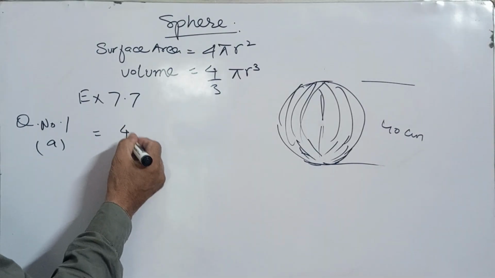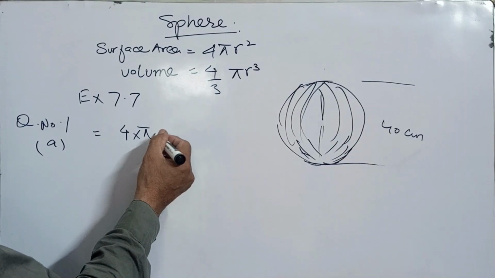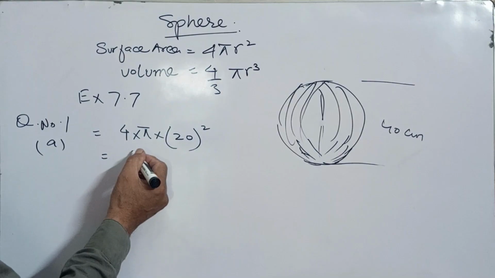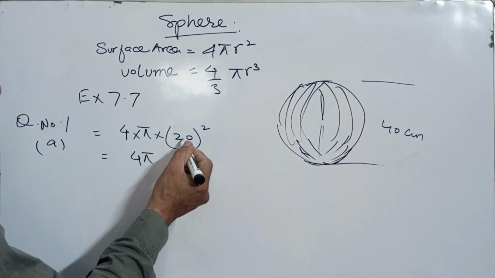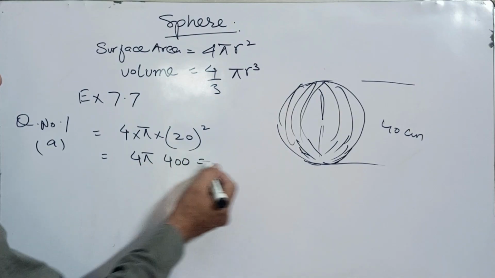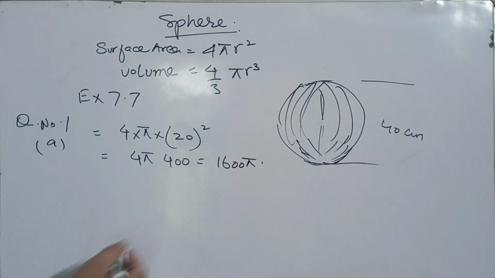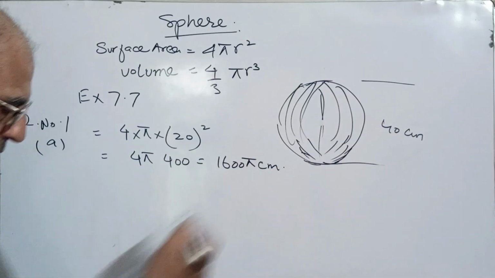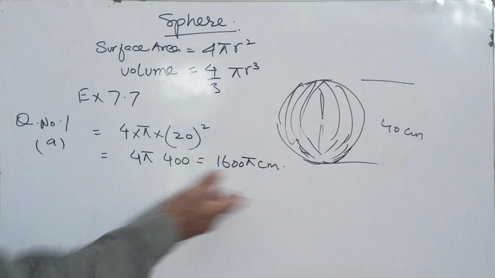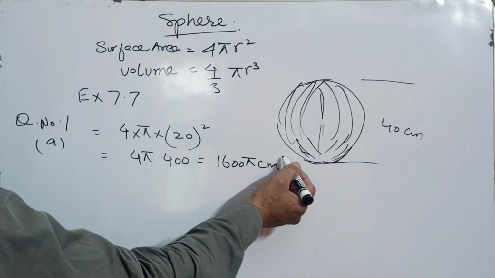Yes, 4 pi r square will be there. R is 20 and squared. Now this is equal to 4 pi and 20 squared is 400, 4 into 400, 1600 pi. Now this is the answer, 1600 pi centimeter squared. The question has come in terms of pi, and of course, when it is area, it will be in squares.